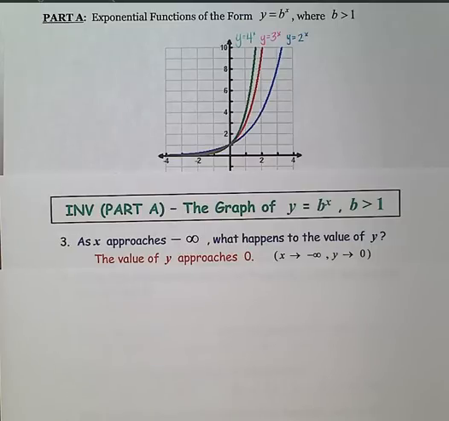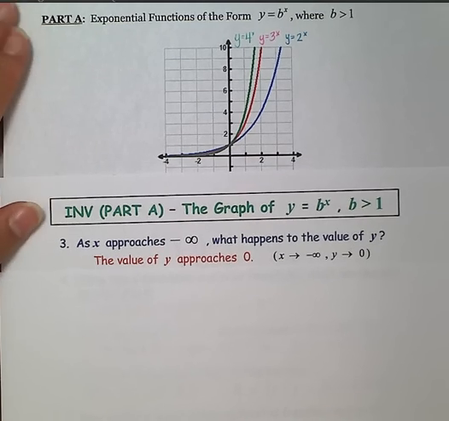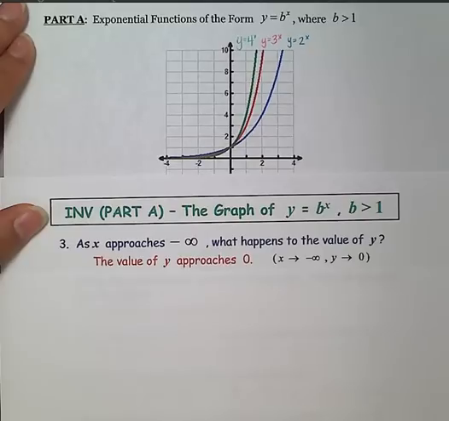In the investigation, you created a table of values and then graphed three functions: y equals 2 to the exponent x, 3 to the exponent x, and 4 to the exponent x. One of the questions is, as x approaches negative infinity, what happens to the value of y?